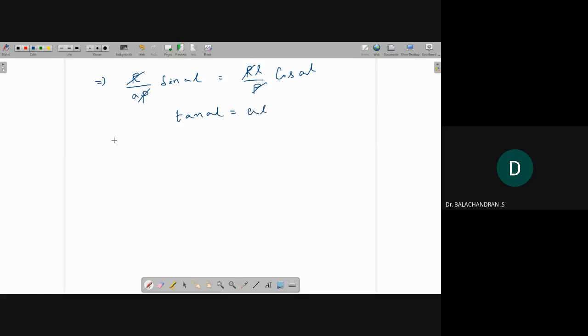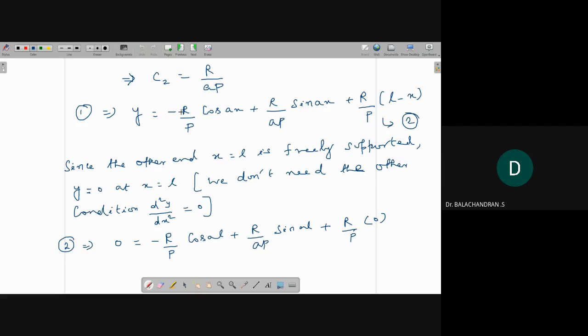So hence the deflection curve is given by y equal to r by p, you can take r by p commonly throughout.